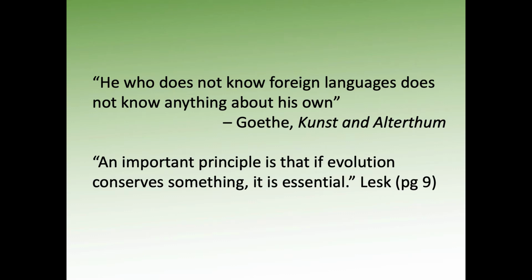So again, we look for similarities and differences among species to identify what's essential just for the organism to exist, and what might be important for the differences that underlie the diversity that we see in nature.